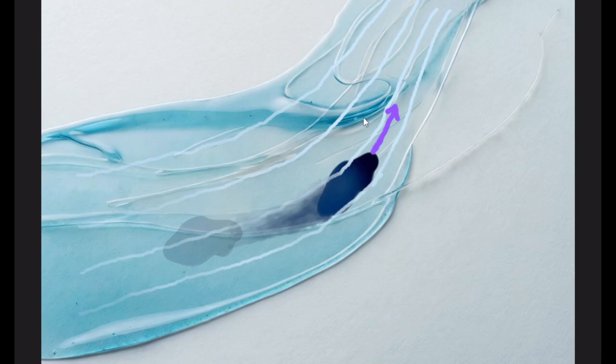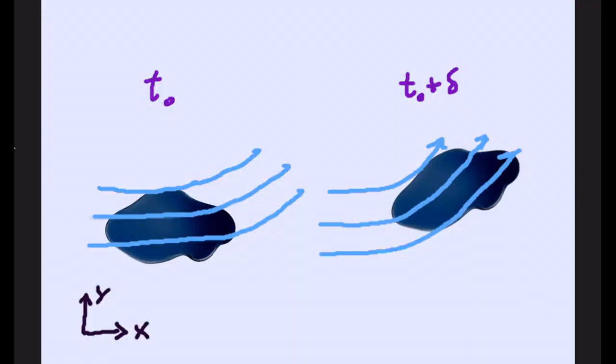And this change in the fluid's velocity, because it's moving along the velocity field and the velocity field is forcing it to change velocity, is basically what advection is. So the idea is to start with a fluid at this time, at this point in the flow lines, and then it moves to a later time and it changes direction.